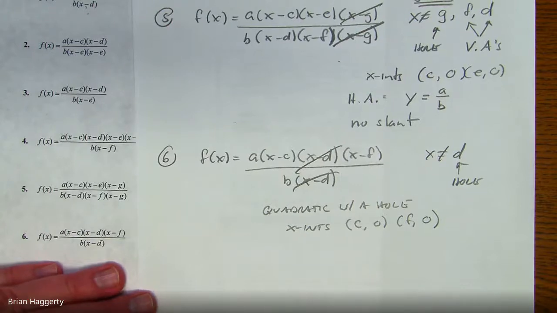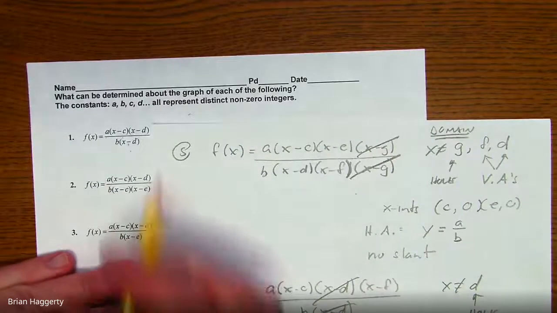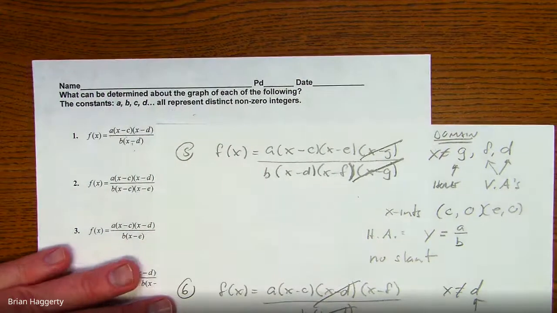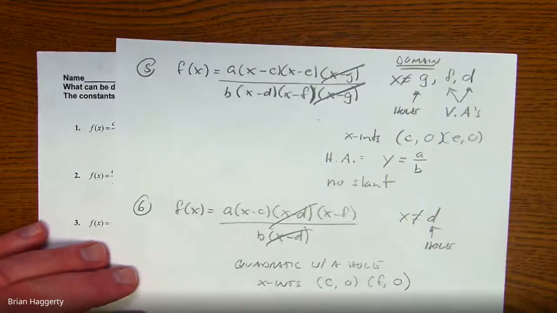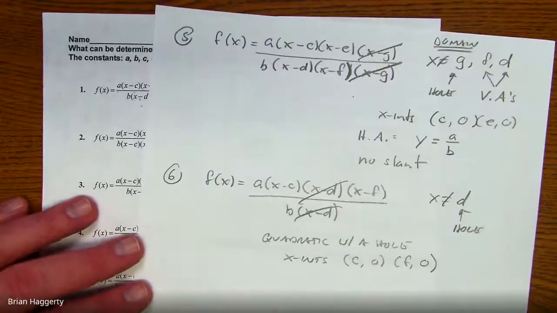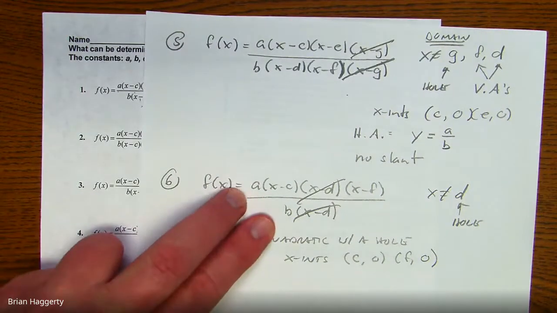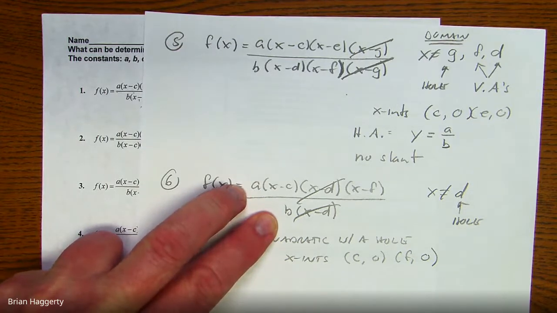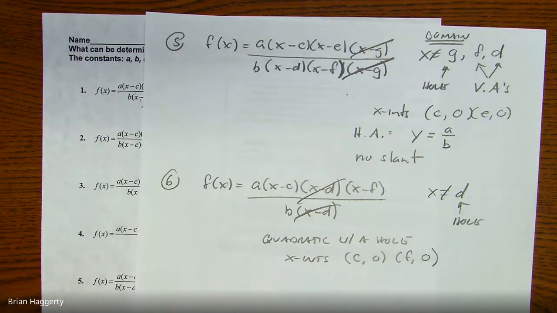Now, they told us that A, B, C, D, etc. represent distinct non-zero integers. So they could be positive or they could be negative. We don't know. If A over B was positive, which way would it open? And if it was negative, good, that was the only other choice. But I try to trick you with that.